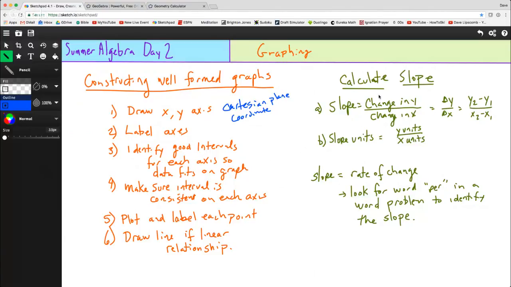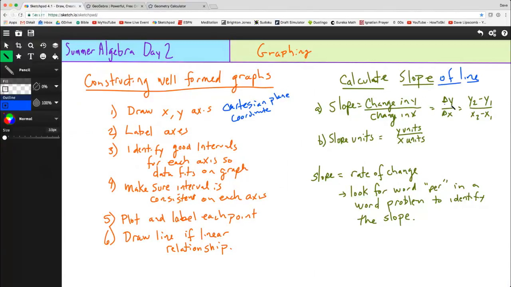The second thing we do is calculate slope, the slope of a line. Calculating the slope of a line is we identify the change in y over the change in x.